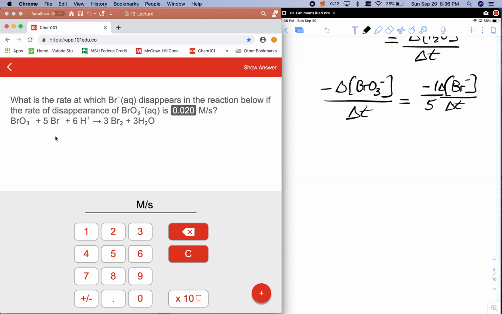Okay. And so if you're given this, okay, is 0.020 moles per liter per second, okay, then what do you think you would do to get that concentration?